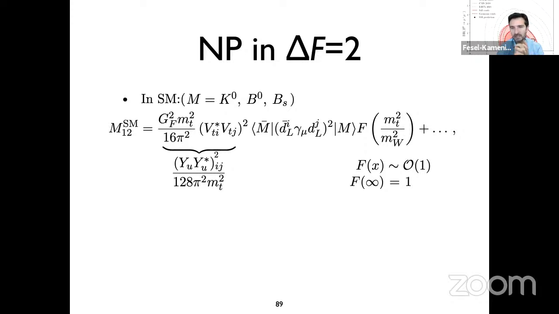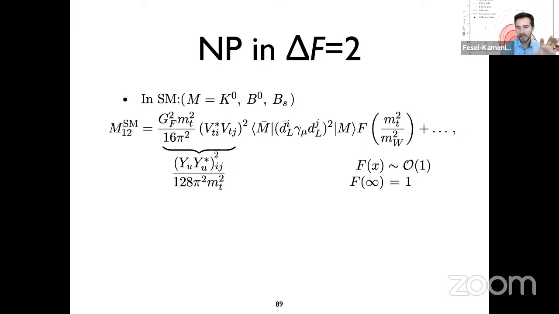In the standard model, this is mediated by boxes and it's dominated by box diagrams involving top quarks and Ws. After doing the matching step, one obtains a local operator, which is a four-Fermi operator, and a Wilson coefficient, which at leading order is a function of the ratio of the top and the W mass, here denoted by F. There is a prefactor, written in terms of the Fermi constant squared and m_top squared, to be of canonical dimension 6, because it's a dimension 6 operator.